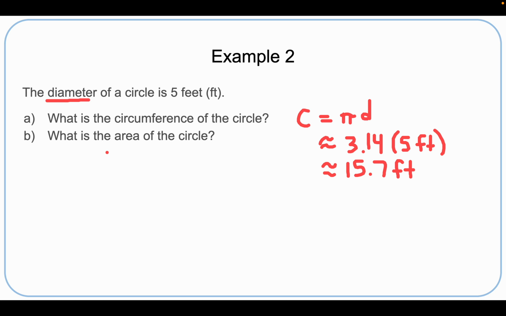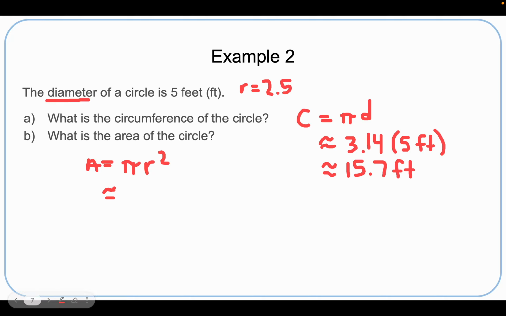And then what is the area of the circle? Area, again, equals pi times r squared. And if our diameter is 5, then our radius would be half of that, which is 2.5. So that's what we're going to use for r in our formula here.